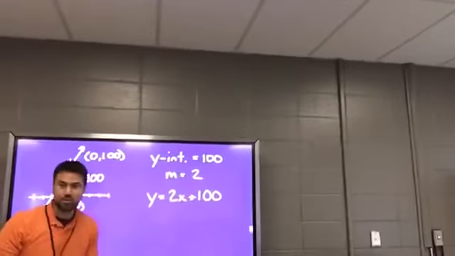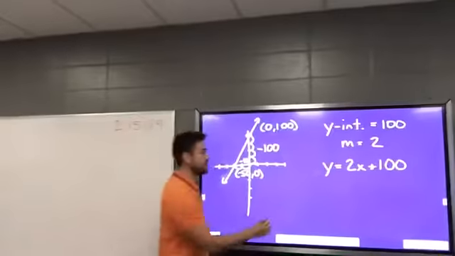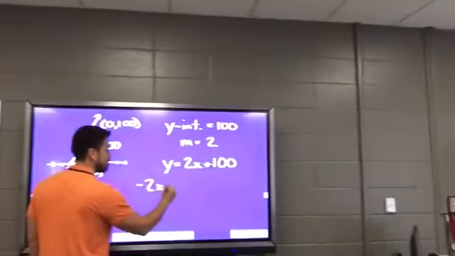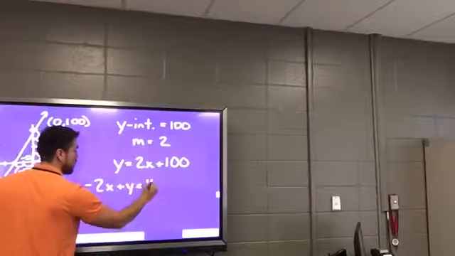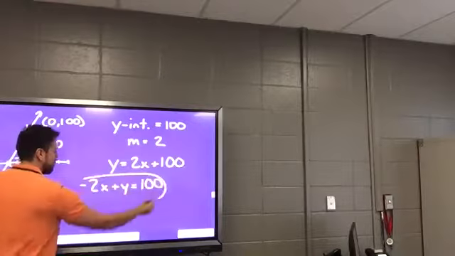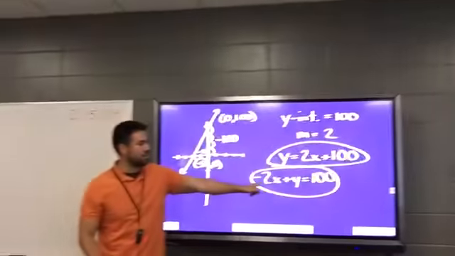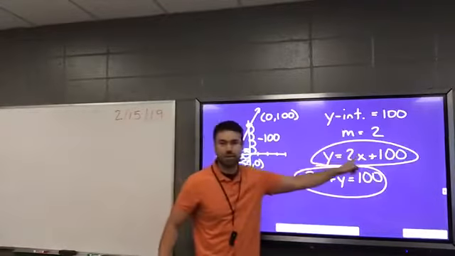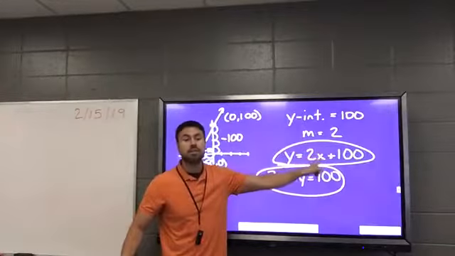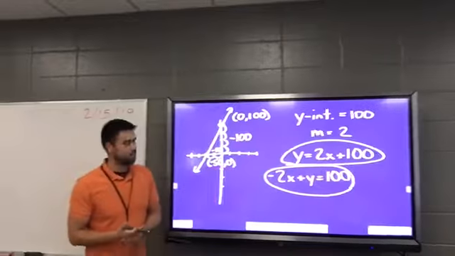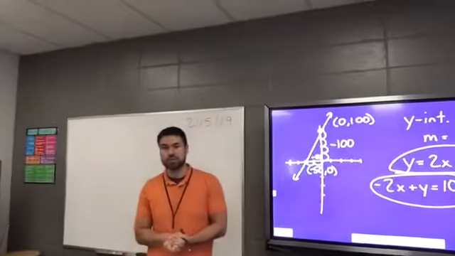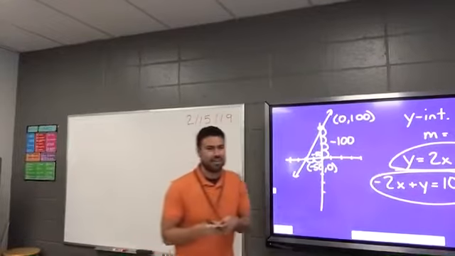Close. Super close. Okay, it should be negative 2x plus y equals 100. So that's standard form. That's slope-intercept form. Why is it negative? Because I'm pretty sure it was positive here, and you are right. You have to subtract 2x on both sides. Okay, you guys good on that?